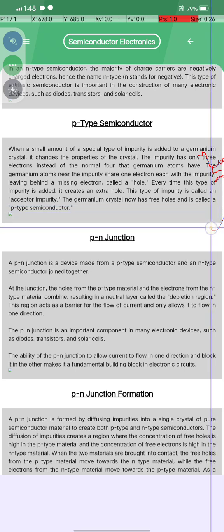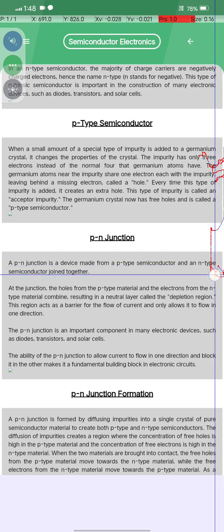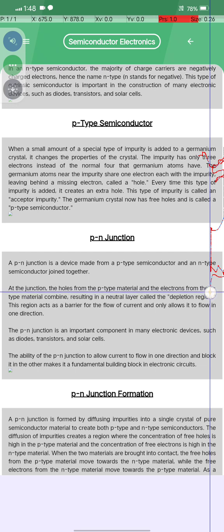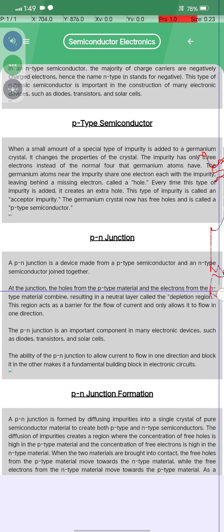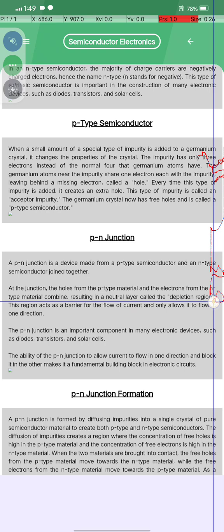What is a pn junction? A pn junction is a device made up of a p-type semiconductor and an n-type semiconductor joined together. At the junction, the holes from the p-type material and the electrons from the n-type material combine, resulting in a neutral layer called the depletion region.